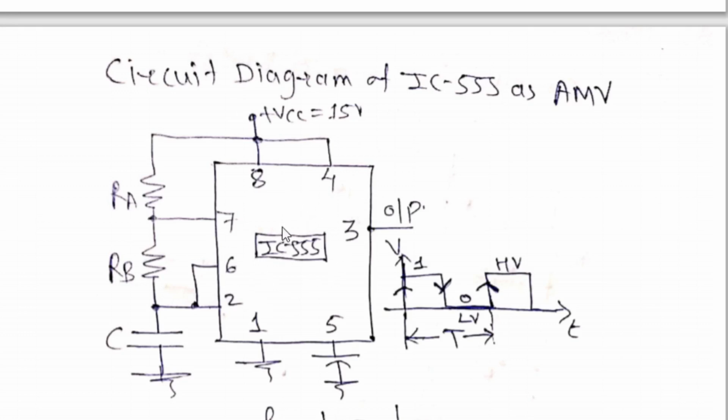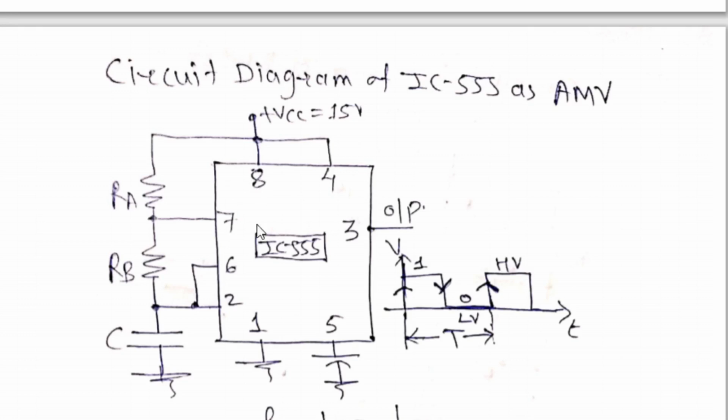Inside this square block, there are three resistors, each of 5 kilo ohm. There are two comparators. There is RS flip-flop. There is transistor as a switch. So like this, the internal block diagram which we have already studied. Now when we draw the circuit diagram, we will simply draw a square box indicating the pins.